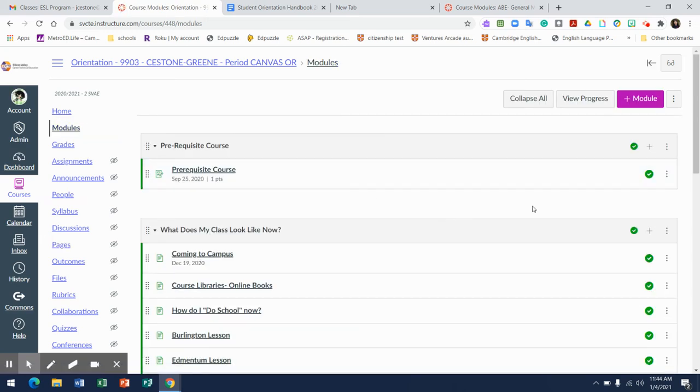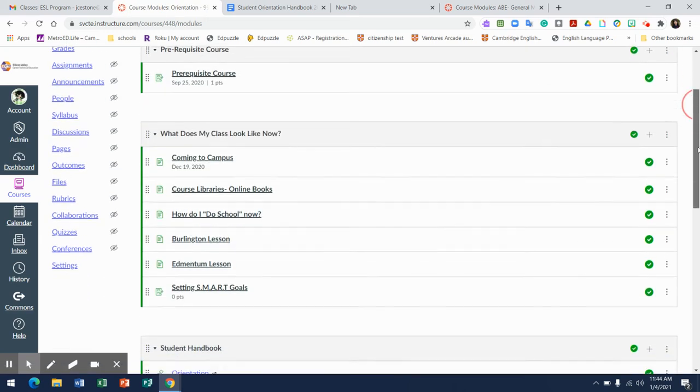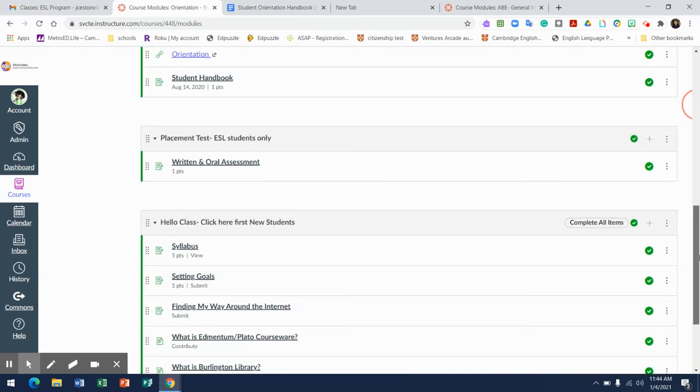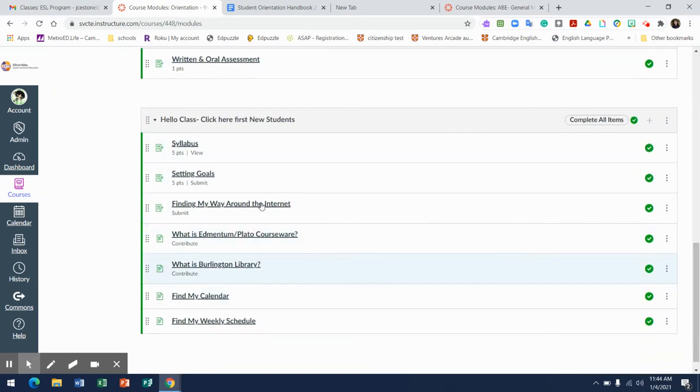So, what we really want to encourage teachers to do going forward is using this Hello Class unit. So that if you have a student who's dropped in the middle of the week, there's not really a big rush. Oh, I've got to get them this and I've got to get them that. Nope. You have a good 2 days to let the student get used to finding their way around the internet, finding their way into Edmentum if they need to have that course.